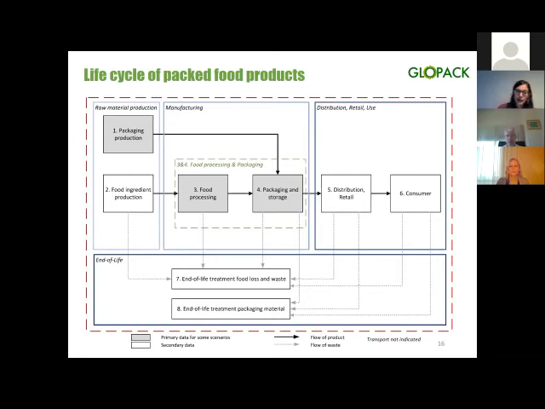If we start at the left, we have raw material production of packaging and food ingredients, and they are both brought to the food company, in which the food is processed and packed. The packed food product is then sent to distribution and retail, after which it's consumed at home. At many stages, we have food losses and waste, and we have losses of packaging material. For that, we refer to boxes 7 and 8 about the end-of-life treatment of both aspects.